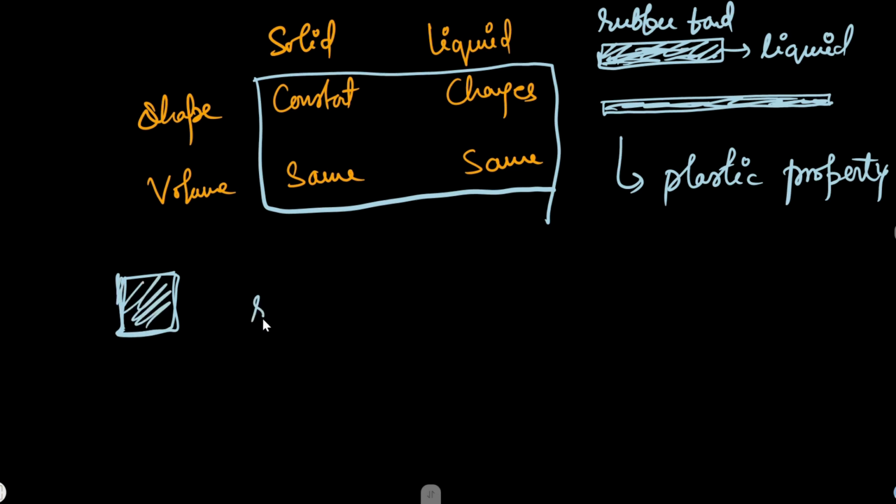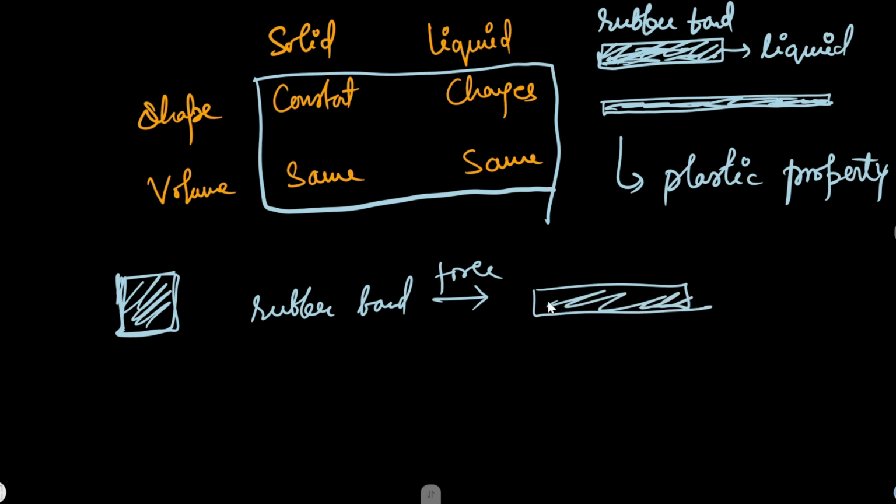It is solid, but as we apply forces, it changes its shape. So the rubber band does not have a constant shape. But as we remove the forces, it comes back to its original shape.